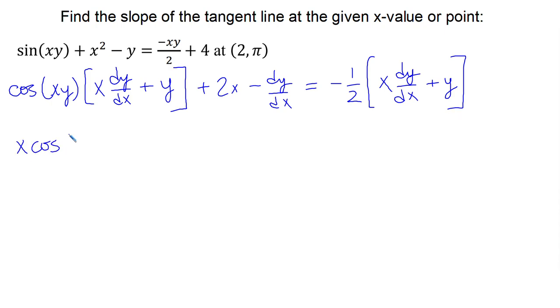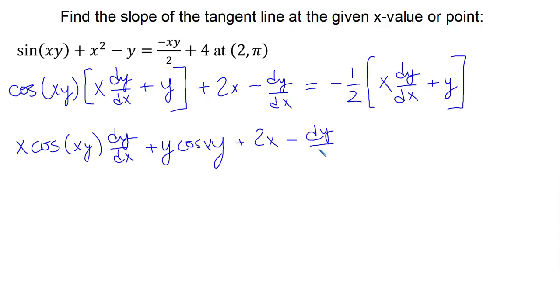So we'll have x cosine xy dy dx plus y cosine xy plus 2x minus dy dx equals negative 1/2 x dy dx minus 1/2 y. Then our goal will be to get everything on one side with the dy dx and everything else onto the other side.